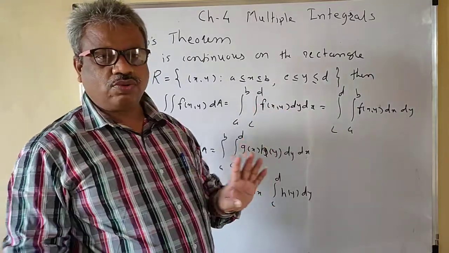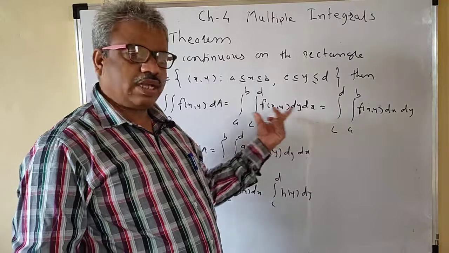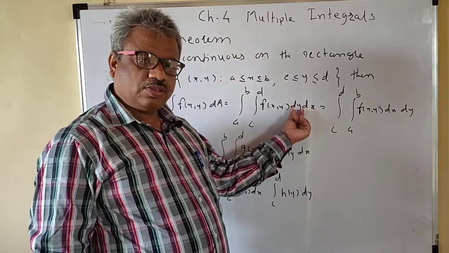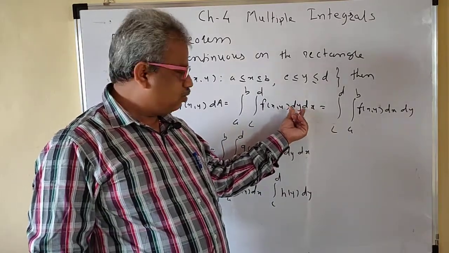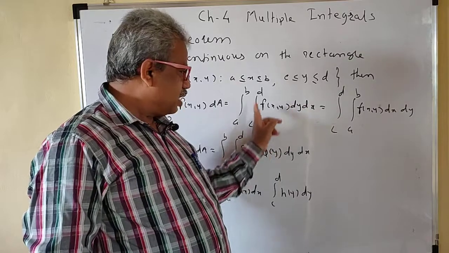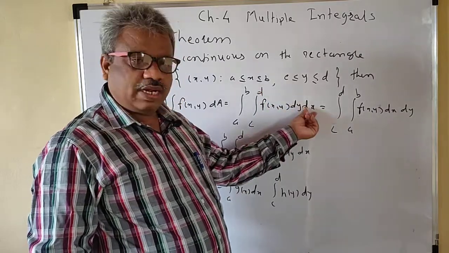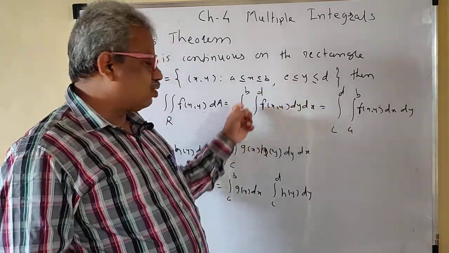So you have to use the usual formula here and take care of the order. Here it is first dy, so these are the limits of y. Then you integrate with respect to x, so these are the limits of x.